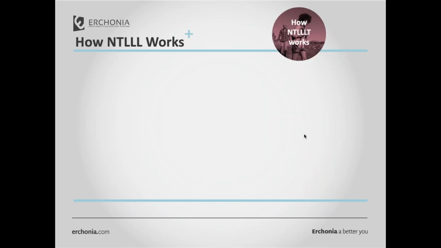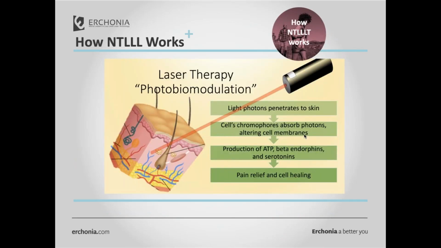I'm going to get into how this works next week, but just briefly: as you can see, we're shooting a red laser beam at some tissue, and that laser beam is penetrating the skin and delivering that photonic energy. Here's a good point to explain the difference between a non-thermal low-level laser and an LED.